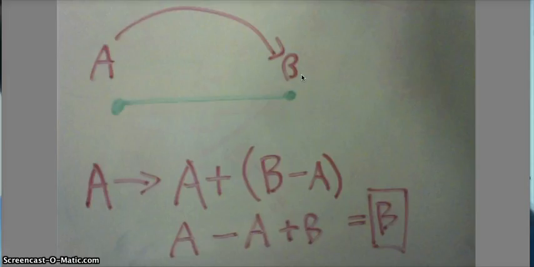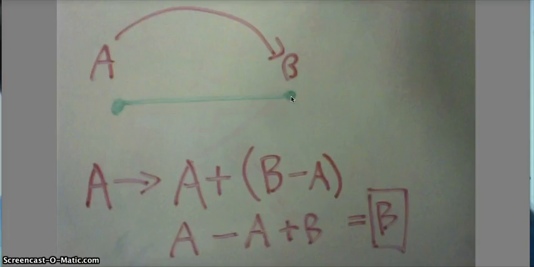That means that instead of being at A, the turtle would want to change its position from A to its original position plus B minus A. So it would take its original position A, and A would get subtracted from that, but also B would get added to it. So your final position would be at B.